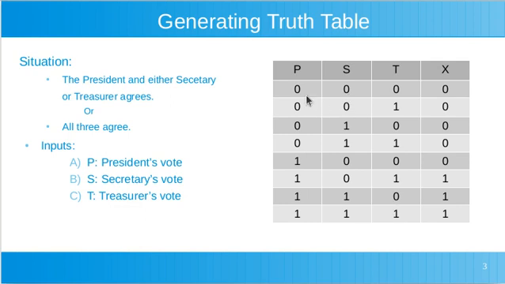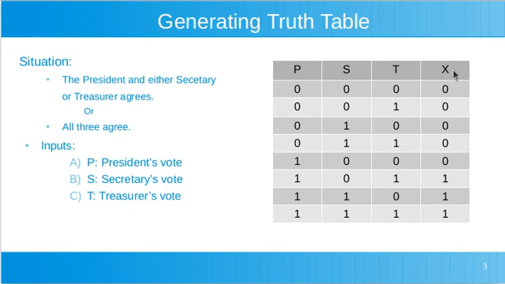So this means president is not agreed and this means president is agreed. This means secretary is not agreed and this means secretary is agreed. Here not agreed, agreed, not agreed, agreed, and so on, of the treasurer.